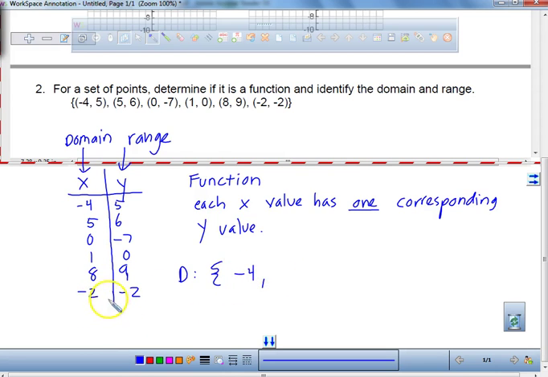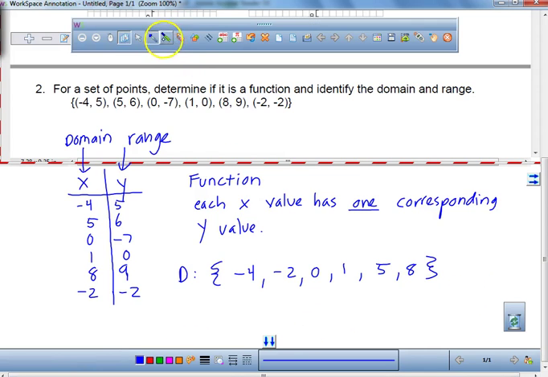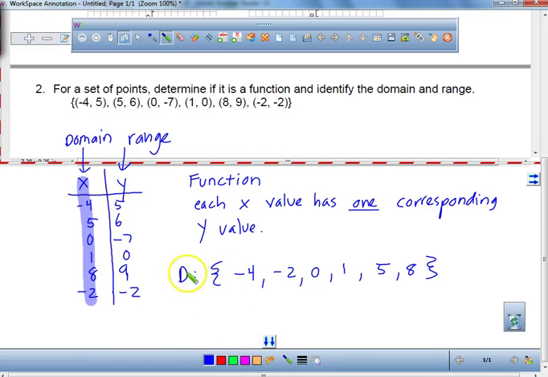Then we're going to go to -2, and then 0, and then 1, and then we got 5, then we have an 8. That's the set of all of your x values. That's the domain. Remember, all these numbers here represent the domain.